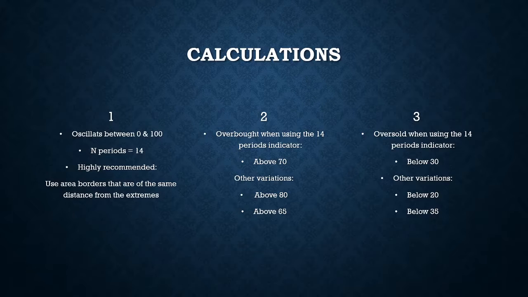Okay, this combination was recommended by Martin Pring. He said that we can calculate the RSI for 65 periods instead of 14, and use the 80 and 20 instead of the 70 and 30. Another variation is the 65-35, and a lot of people use that, especially in relatively calm markets or instruments that are not very volatile.